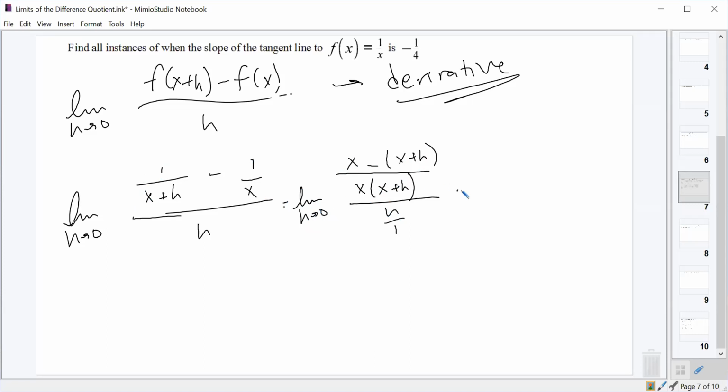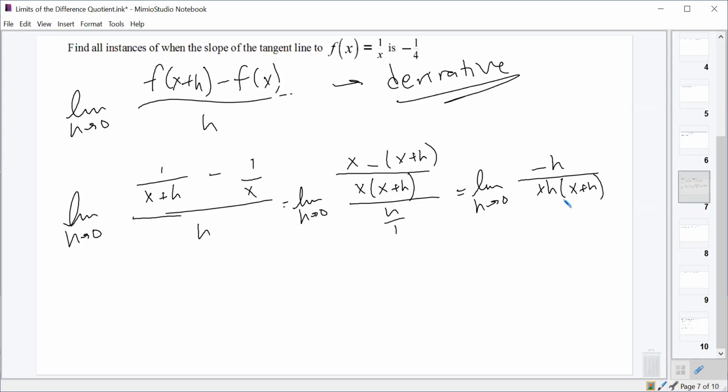Don't forget your limit, like I almost did. x minus x cancels out, and this just becomes minus h. And the h goes into the denominator, h times x plus h. Everybody okay with that or no? Yes.